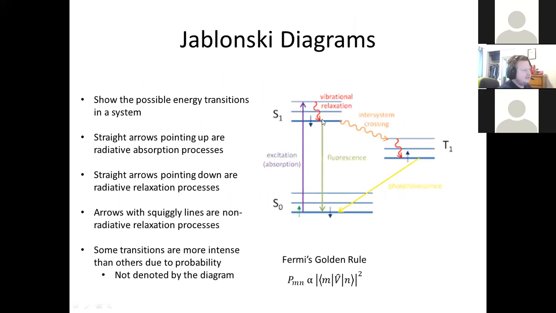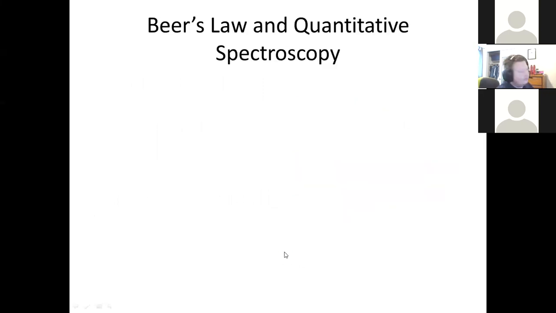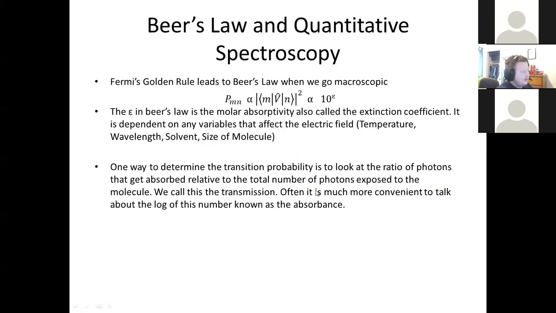The intensity is essentially the probability. It's the ratio of the photons that got absorbed versus the total number we put in. Another thing we call that is the transmittance, this ratio of the intensity: the number of photons that we put in, I0, and the number that got absorbed in that time frame. We call that the transmission.